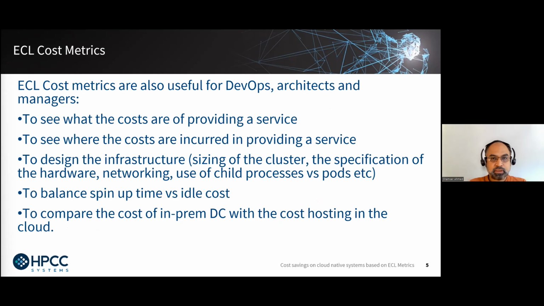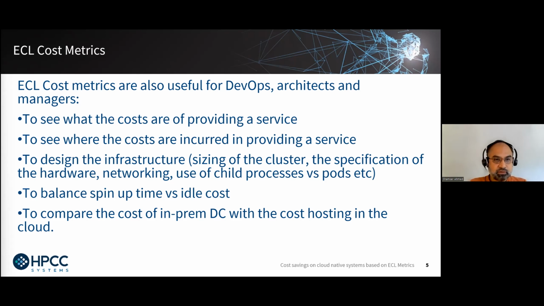The cost metrics are also useful to other persons: DevOps, architects, managers. They can see what the actual cost is of providing a particular service, and where the main costs are in providing a service. Maybe something could be designed slightly differently to reduce the cost.